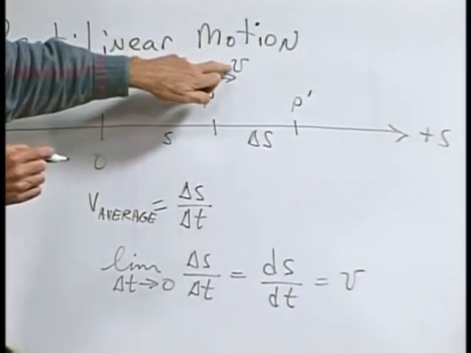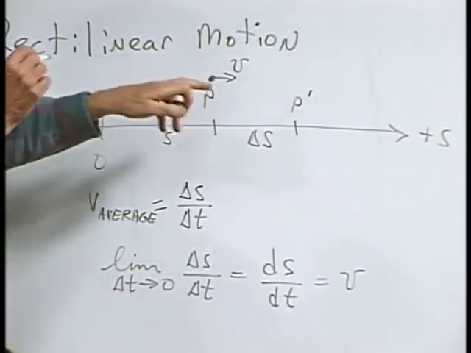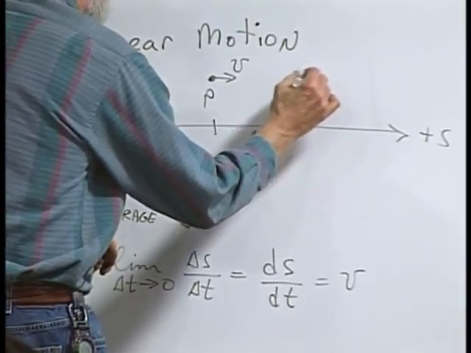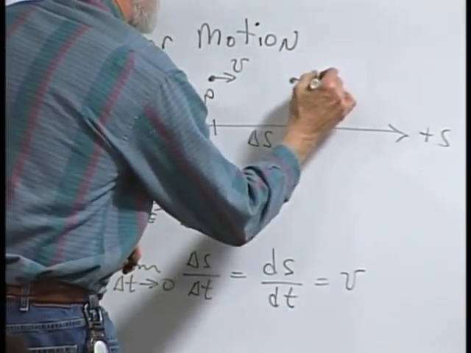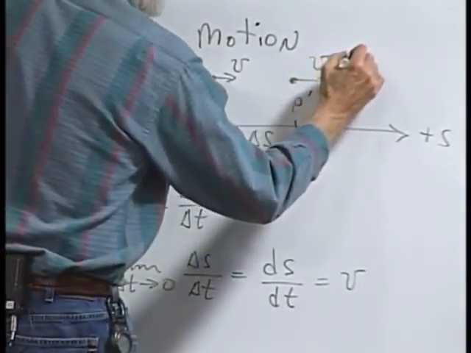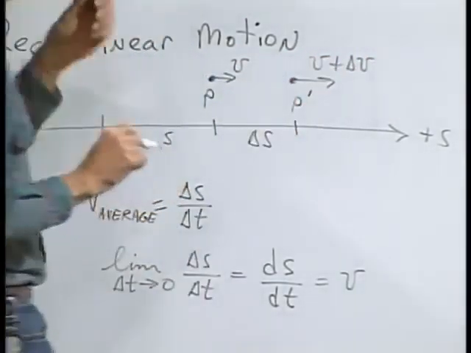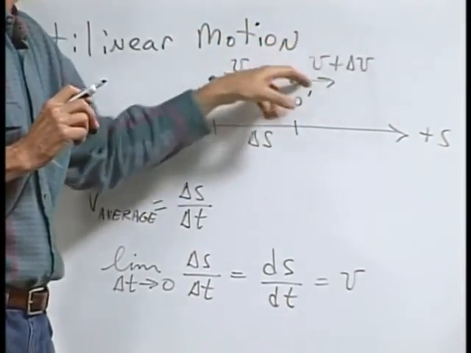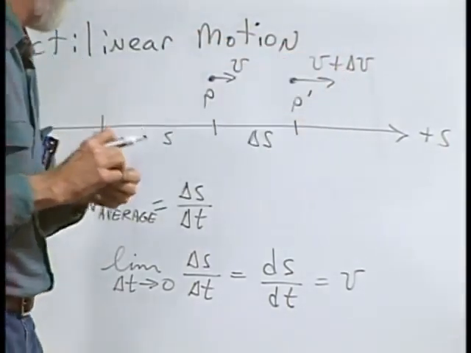So if the object is carrying some speed here, and it moves over here, and it now, at this point, is moving at some speed v plus some delta v, there's been something that's happened to allow for it to have this new velocity over here.